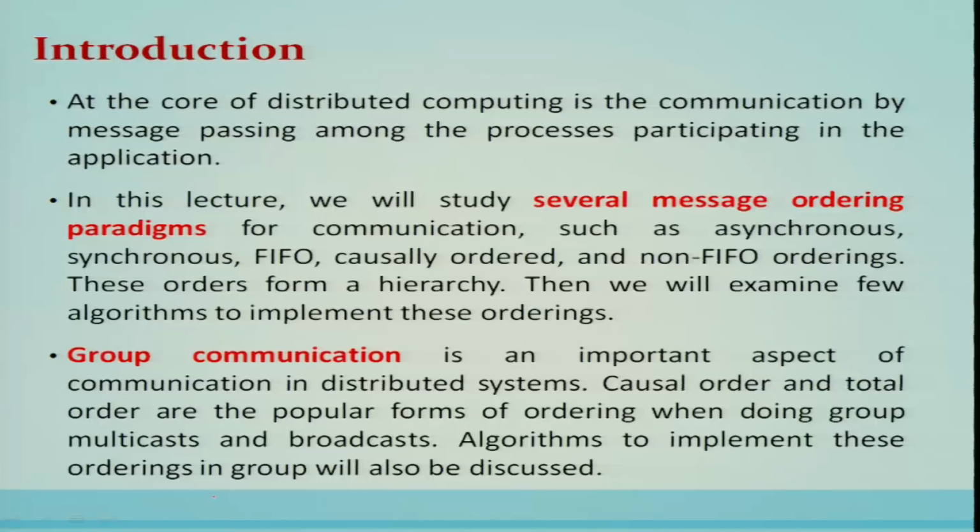Before we go ahead, let me give you a few examples where message ordering and multicasting will be useful. As you know, in distributed databases, the database is normally replicated at more than one site. Whenever there is an update, all the replicas have to be updated instantaneously.